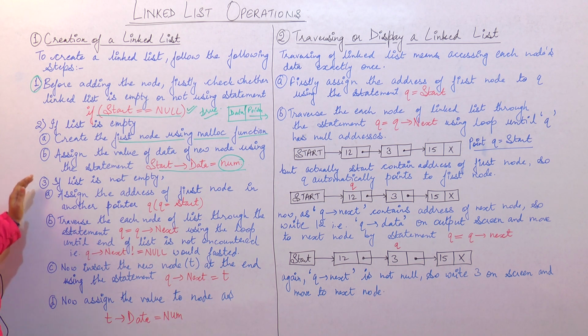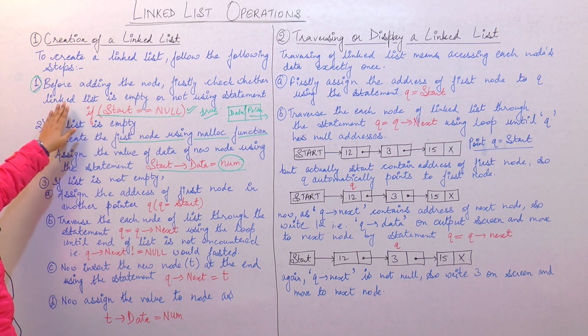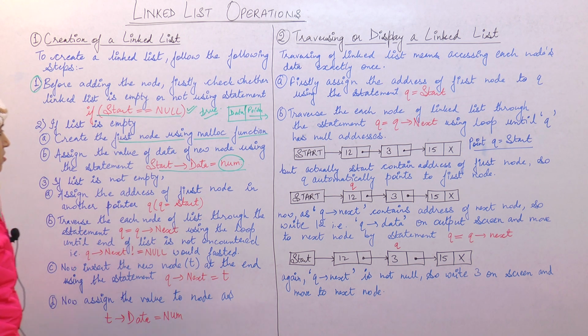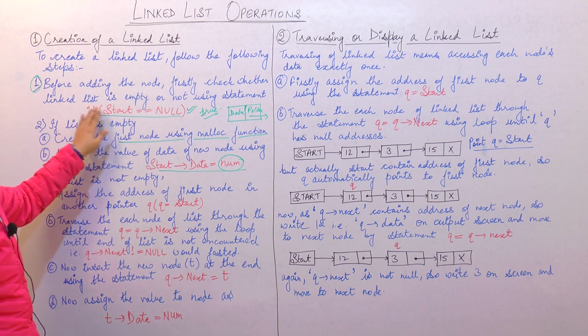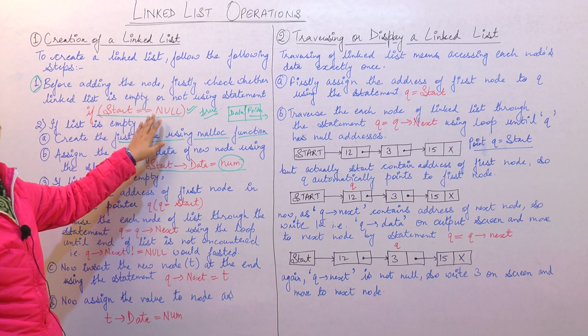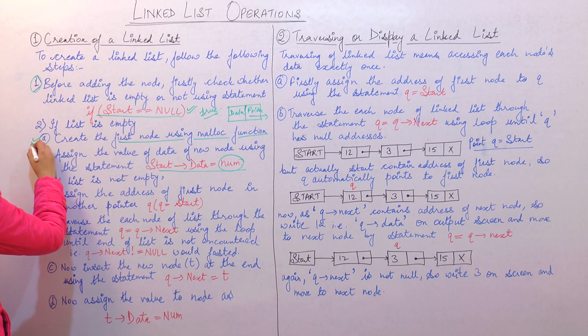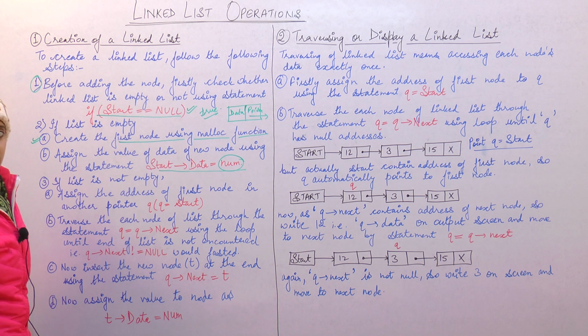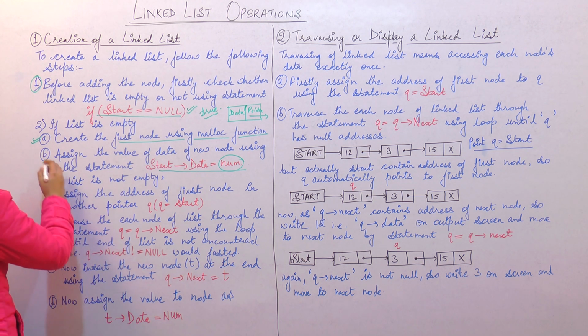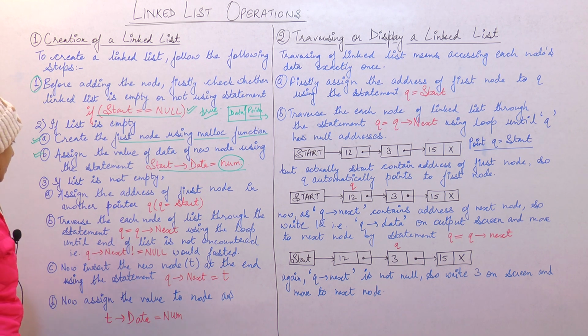After that, we will see the next condition. If start equals to null was true, that means our list was empty, then we followed these two steps: first we created the first node using the malloc function, and then we assigned the value of data to that new node.